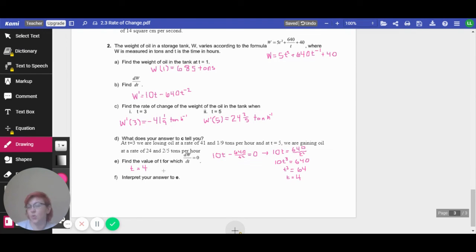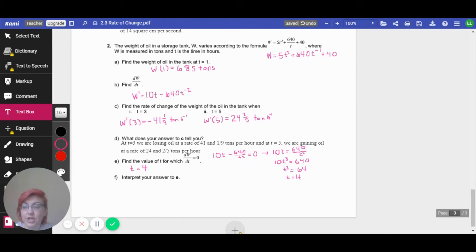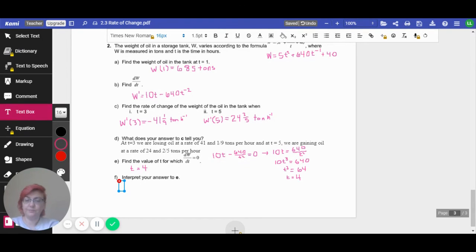All right, so what does that mean? What is our interpretation here? Well, at t equals 4, the oil in the tank stops decreasing and will then start increasing.